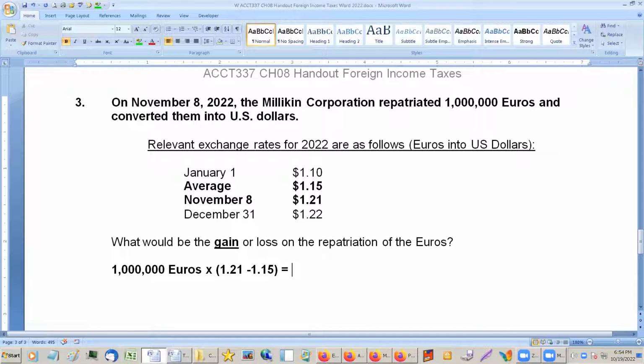That would be the additional income that we had from this, more than the 1.15 that we have on the books for when we actually earned those euros. So whatever that comes out to, 0.06 per euro. So this would be a $60,000 gain, and they'd have to pick that up in their income.